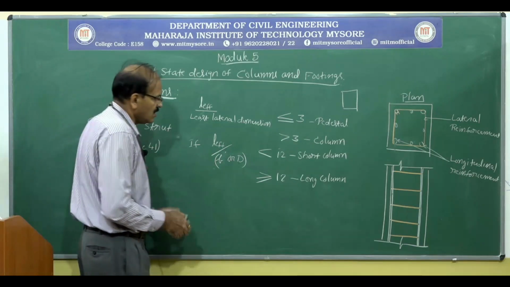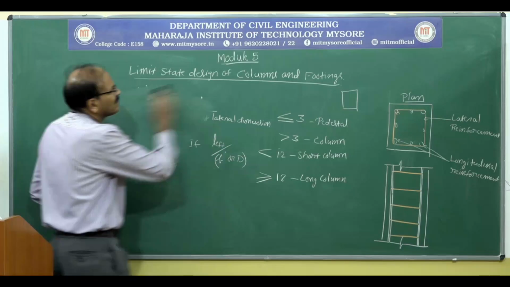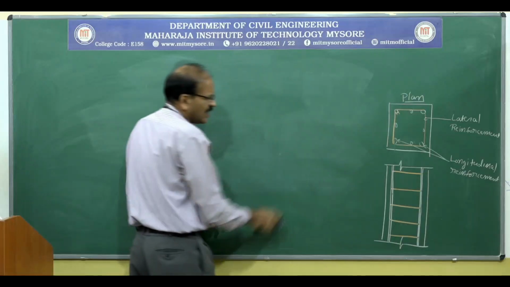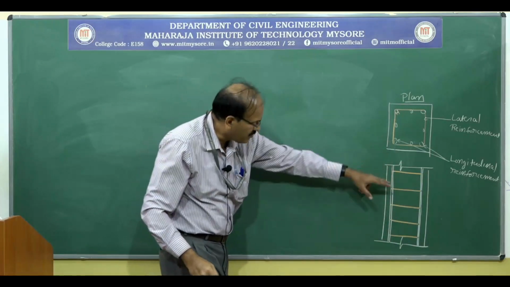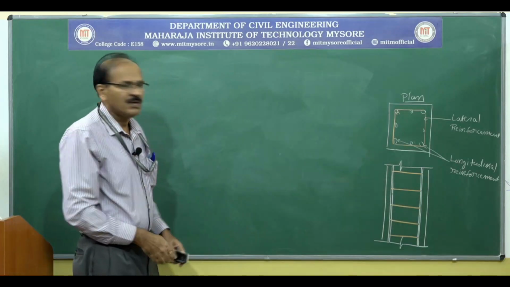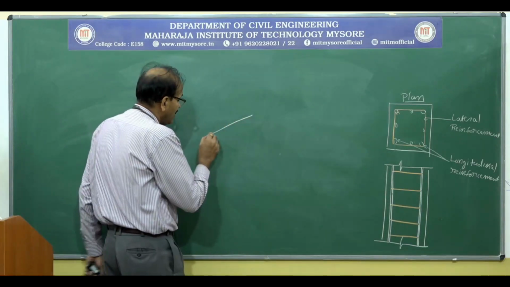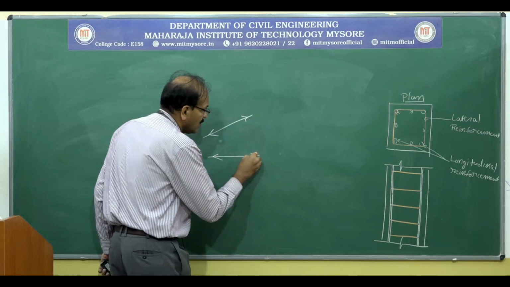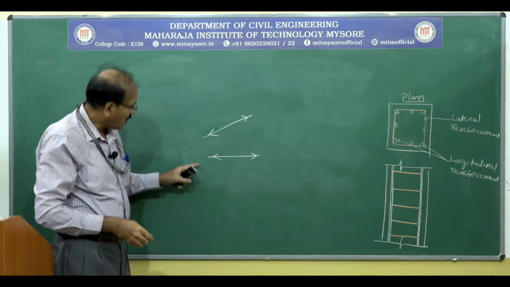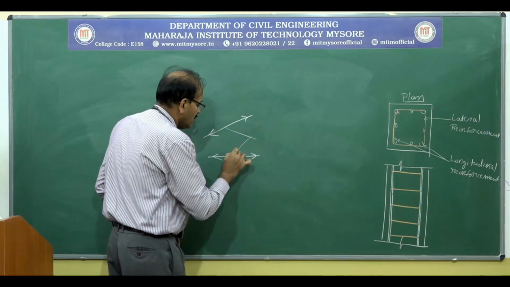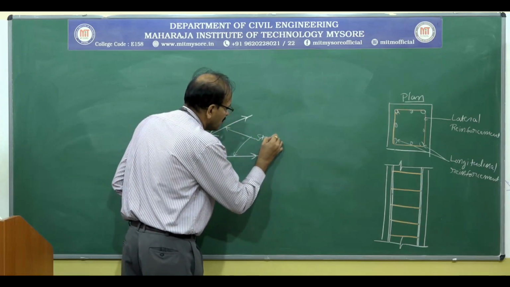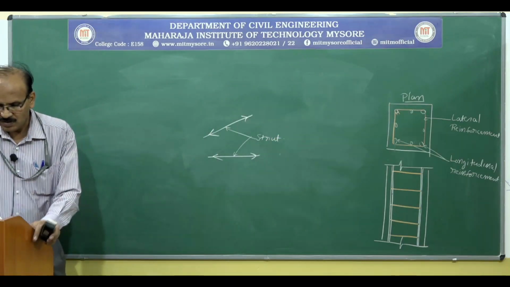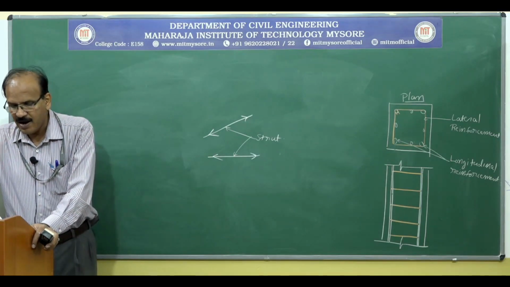So what it means is, if the member is vertical like this, a compression member vertical, this is a column. If a member is inclined or horizontal, this is called a strut. Okay? Full stop.